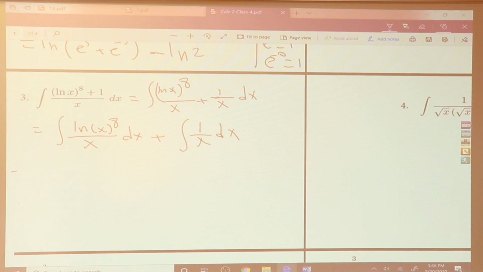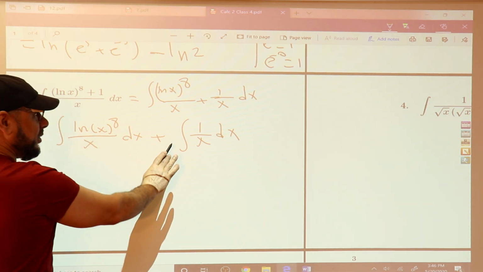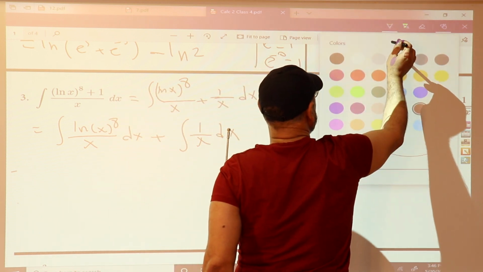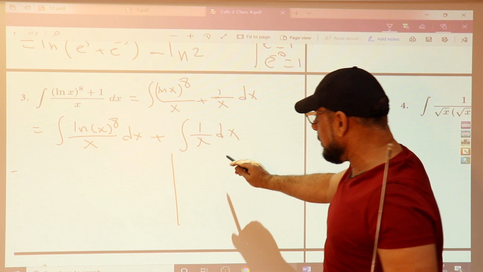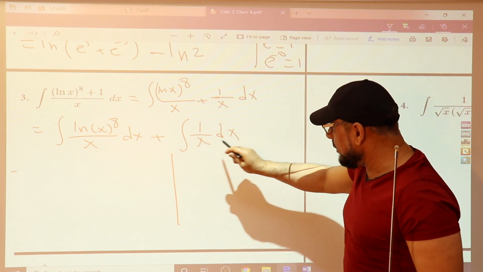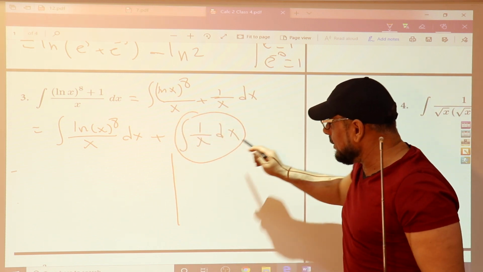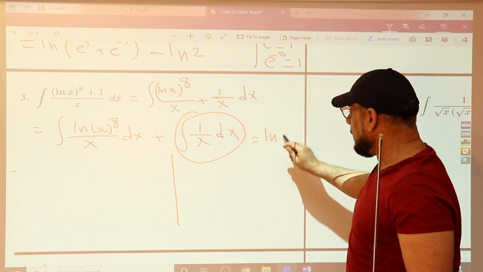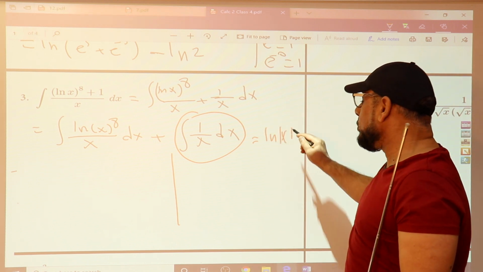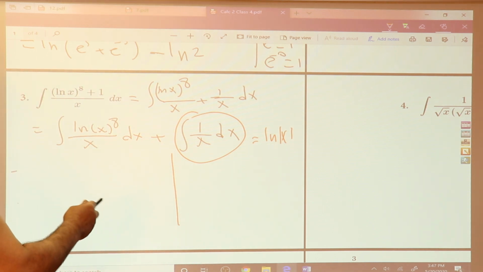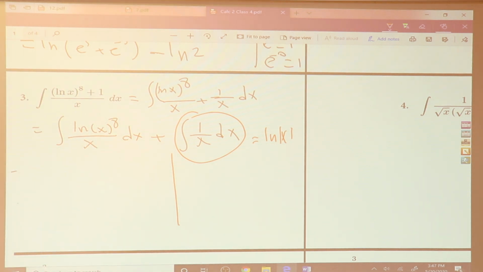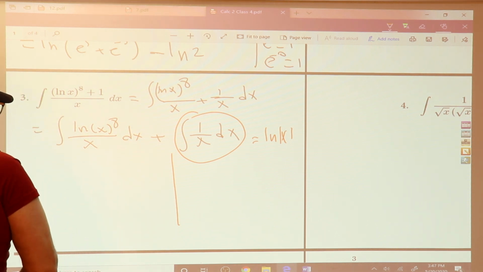Now, of these two integrations, this part is easy. I just gave you the rule in the top problem. This guy equals ln of x. I like to use absolute value because the domain of ln has to be positive.